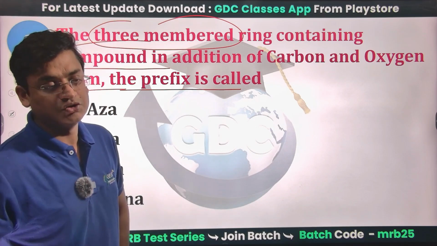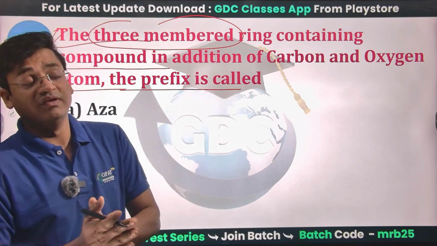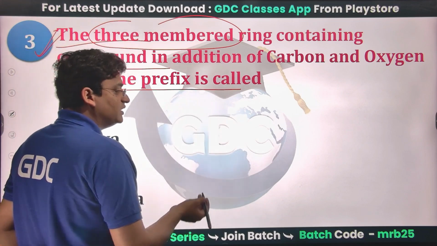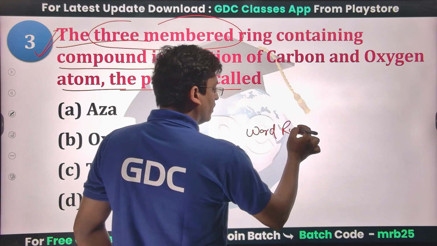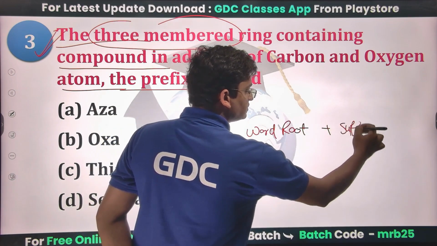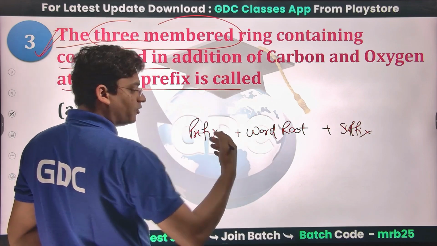What prefix will be used? What suffix is used? These are the differences you will have from the normal nomenclature system. In Hantzsch-Widman nomenclature, it will have a word root, a suffix and a prefix, just like your normal nomenclature.